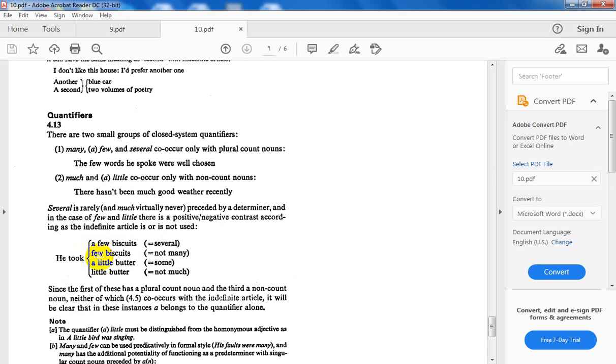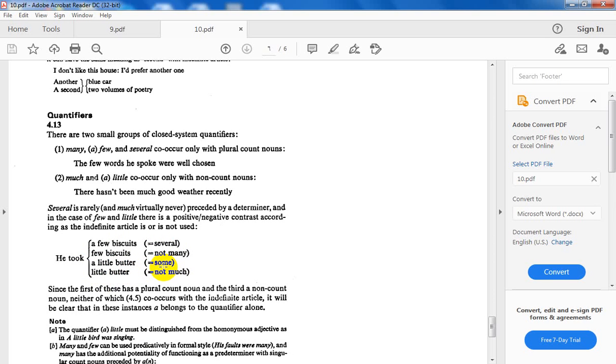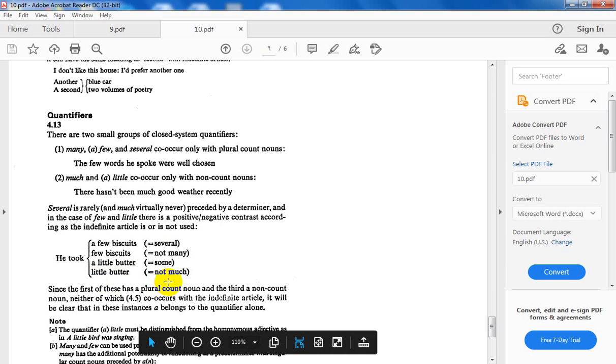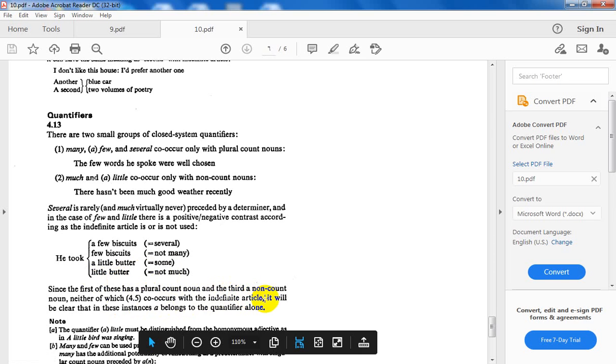But when you say few biscuits, meaning not many, it is a negative meaning. A little better gives us a positive meaning, some. A little better without a will give us a negative meaning. So the first of these has a plural count noun and the third a non-count noun, either of which co-occurs with the indefinite article.